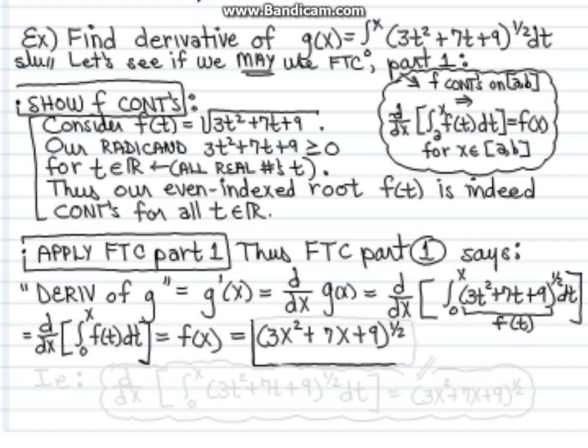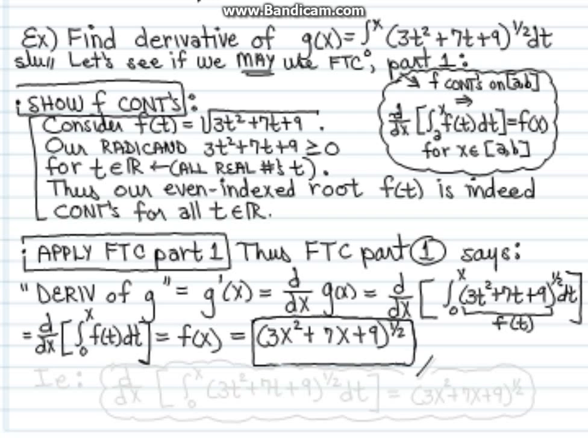We showed that that little f of t is continuous. Once we had established that, we applied the fundamental theorem in the cloud. It said that the derivative with respect to x of that entire integral, which was named g of x, is equal to little f, which is (3x squared plus 7x plus 9) to the 1/2 power.